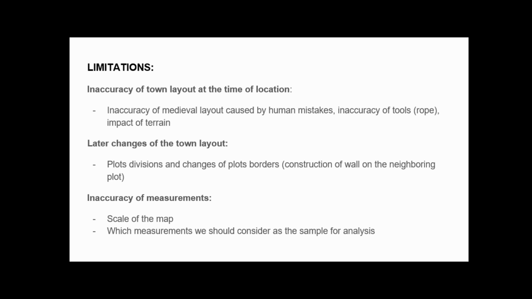We are now quite a lot of time from the period when the towns were established. So the thing is whether we can still see what the first division of the town was.